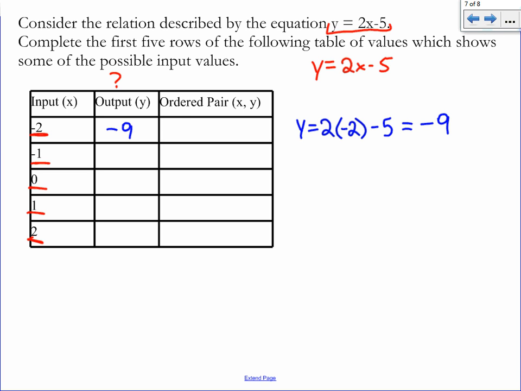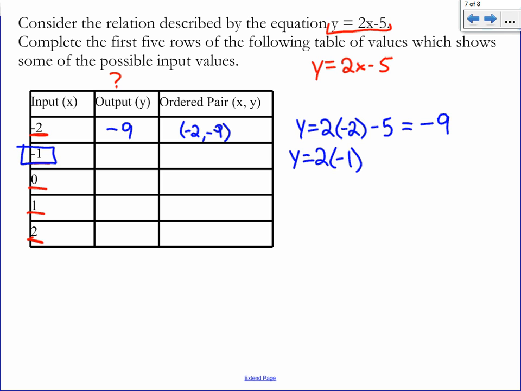Let's try that again. So they've given us an input of -1, meaning that instead of writing x, we write -1. Everything else stays the same. In your calculator, you then put that portion in.